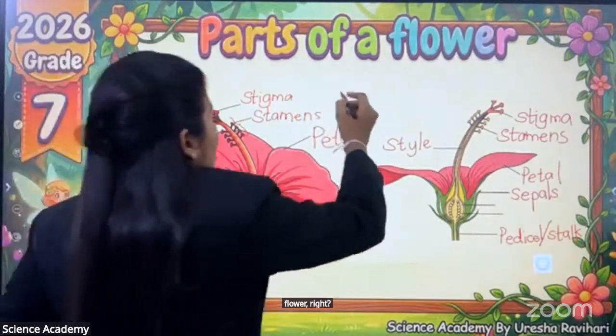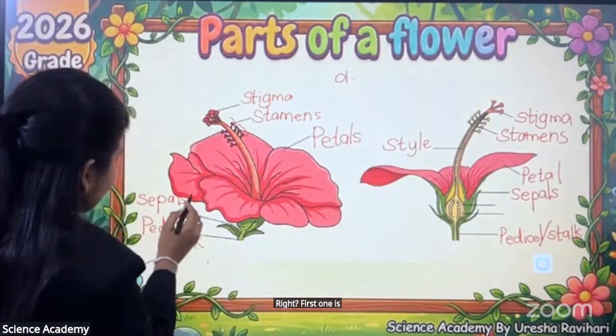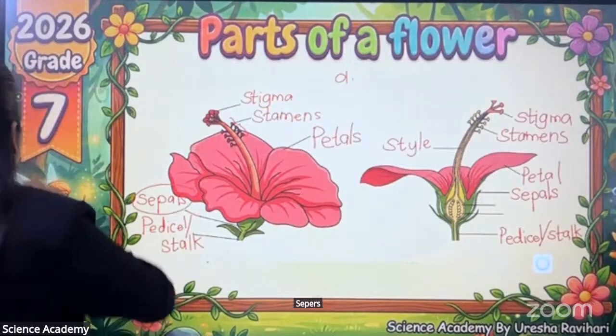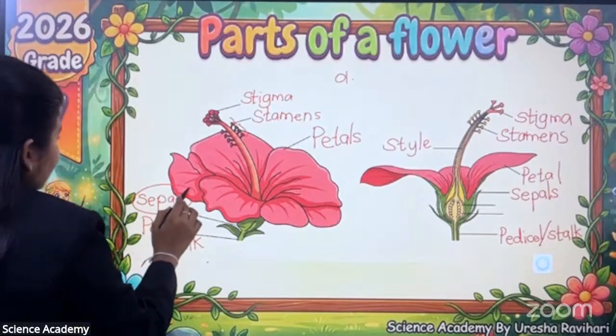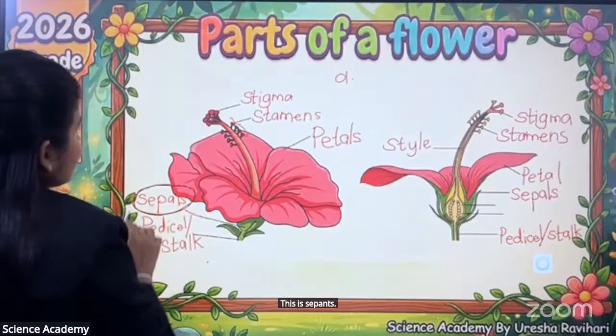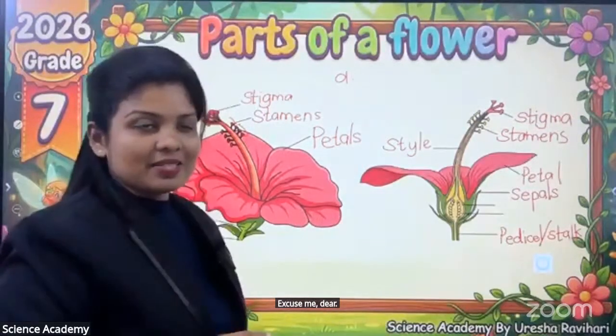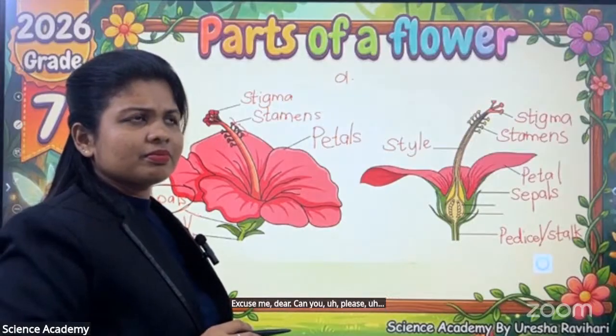What is the first one? First one is sepals. So here, main typical parts. This is sepals. Excuse me, teacher. Can you please stop for me?